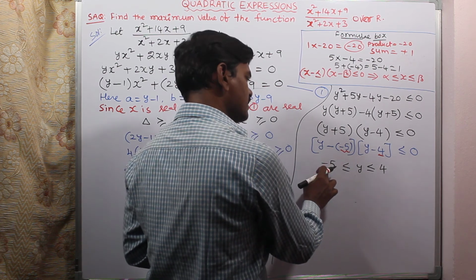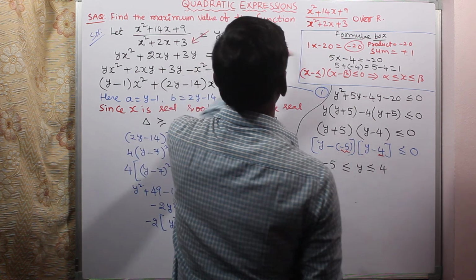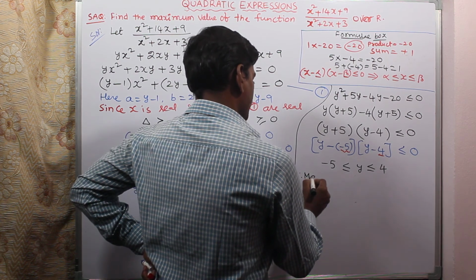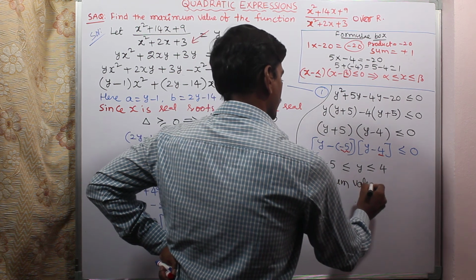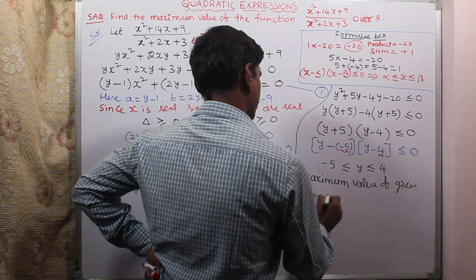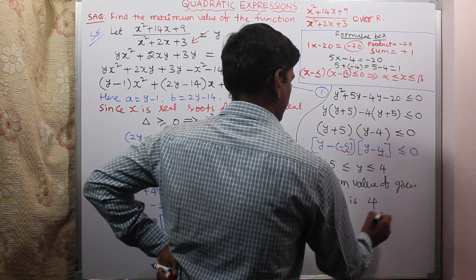The minimum value of y is minus 5. The maximum value of y is 4. y is nothing but your given function. Therefore, the maximum value of the given function is 4. That's the answer.